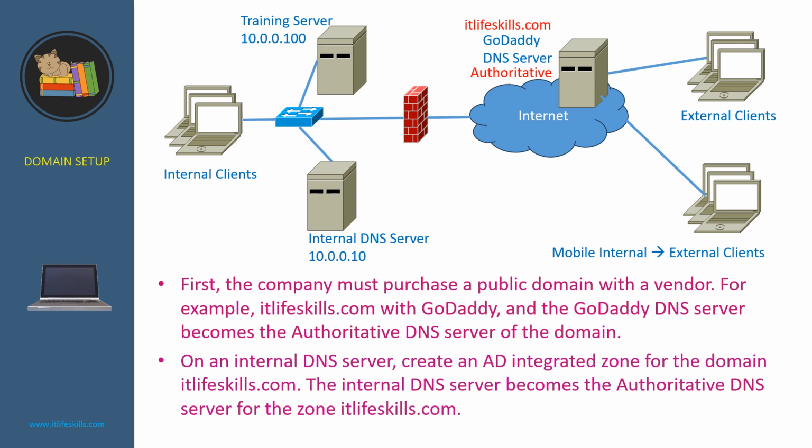Then on an internal DNS server, create an AD integrated zone for the domain itlifeskills.com. The internal DNS server becomes the authoritative DNS server for the zone itlifeskills.com within the company network.